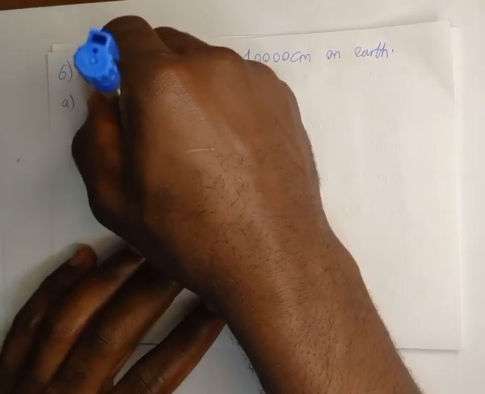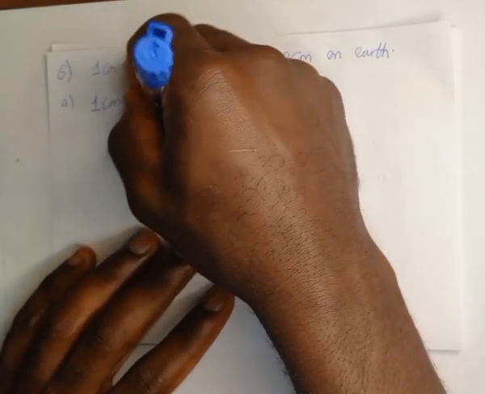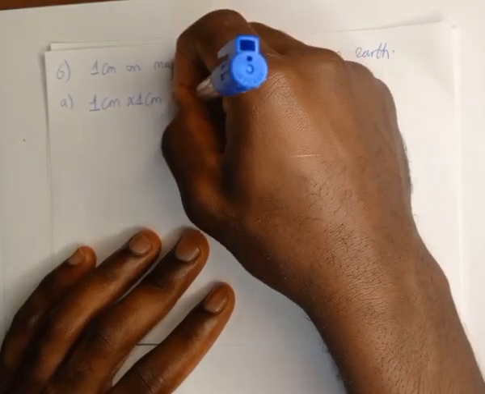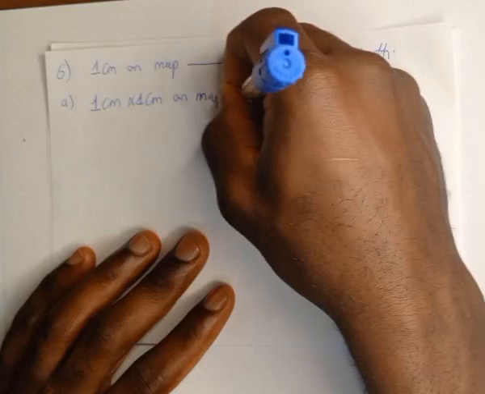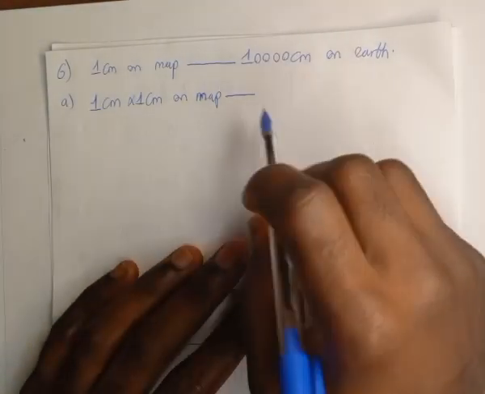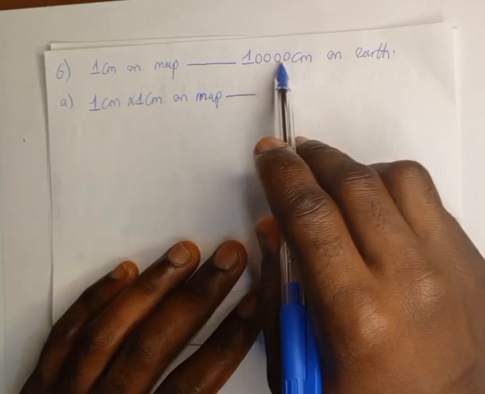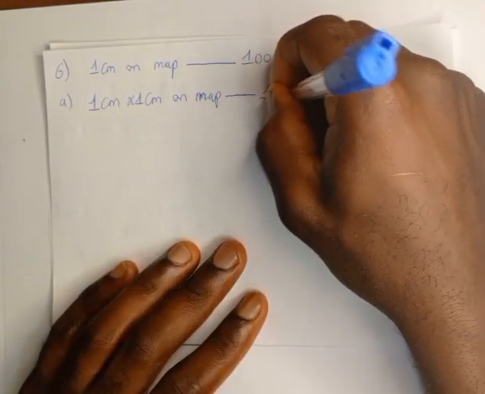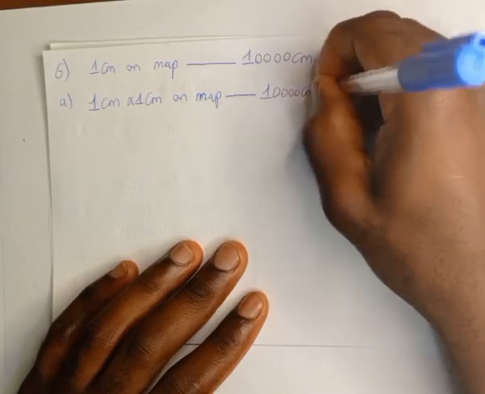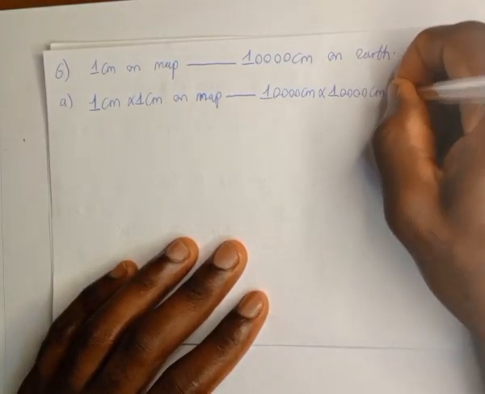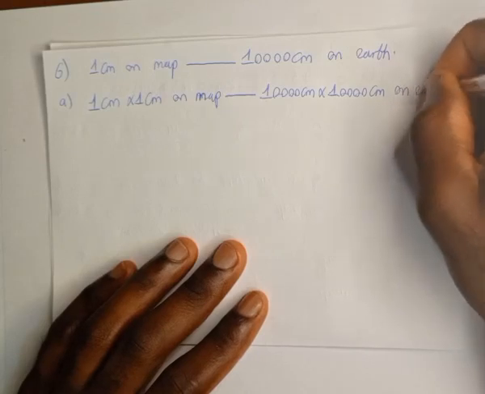1 centimeter times 1 centimeter on map will simply be equivalent to 1 centimeter is equivalent to 10,000 centimeters on Earth. So we are going to take 10,000 centimeters times 10,000 centimeters on Earth.